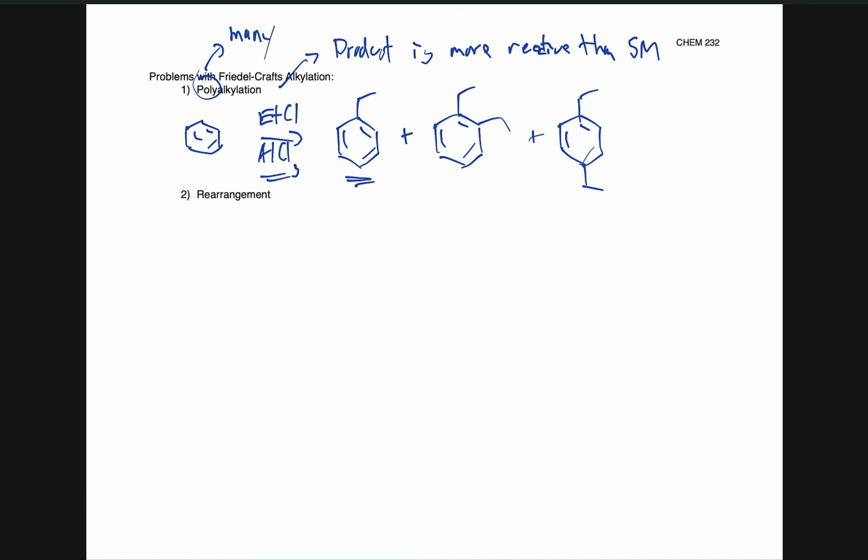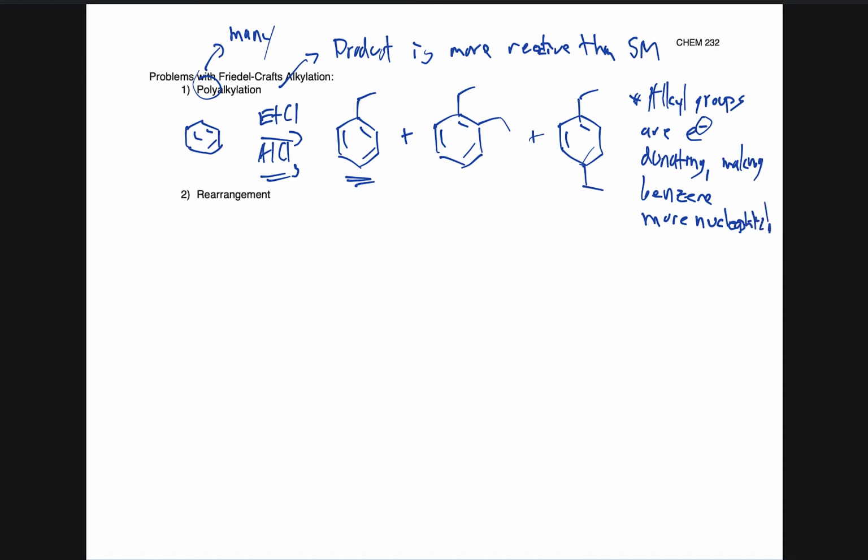If you remember from our talks of stabilizing carbocations, alkyl groups are electron donating, because carbons are partially negative in comparison to hydrogens. This makes the benzene more nucleophilic, lowering the transition state going from benzene to that intermediate.